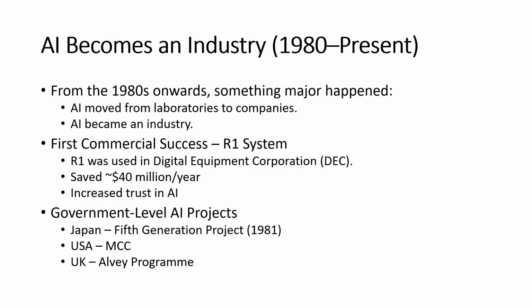Then the US started a project, MCC, and the UK the Alvey program. So the AI market grew from millions to billions of dollars. When companies failed to deliver on promises, funding stopped. This period is called an AI winter.